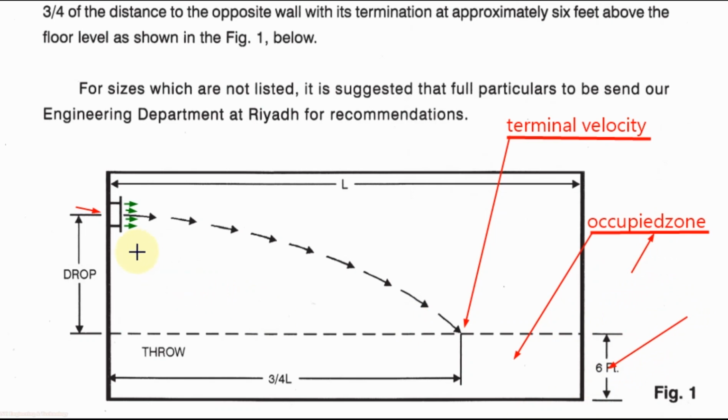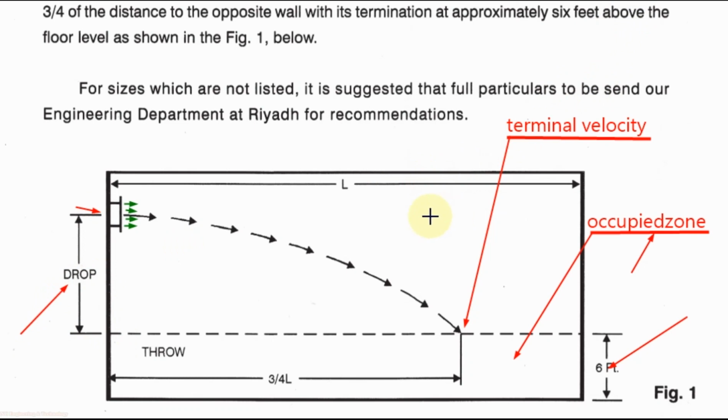When the supply air coming out from the grill strikes the occupied zone, the velocity at this point we call terminal velocity, and the length from the face of the grill up to this point we call throw, and the height difference between the center of the grill and the occupied zone we call drop.